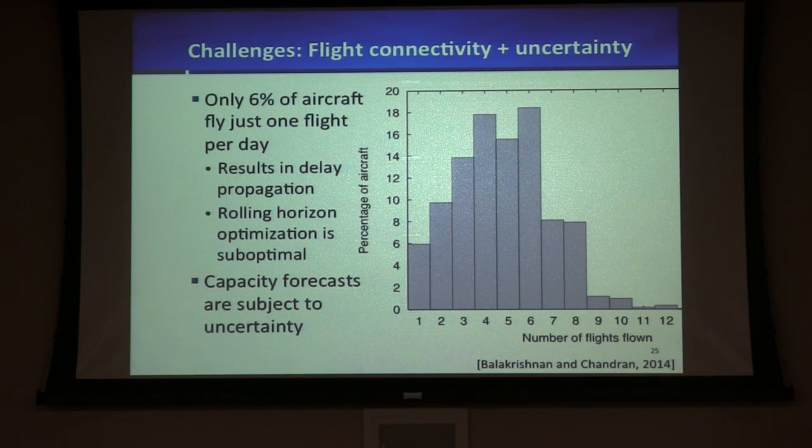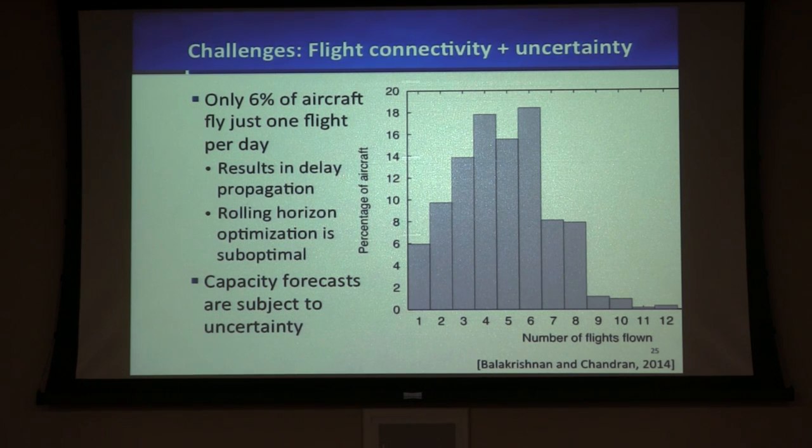So what this means is, if I say the optimization problem is extremely hard and intractable, so I'm going to break it down into smaller chunks and optimize 1 hour at a time, I have to be very careful doing that. Because if I decide that it's optimal for me to cancel or to delay a flight by 3 hours, this hour, at 6 a.m. in the morning, if that flight is doing another 10 trips, I've implicitly delayed all 10 without realizing I'm doing it. So we have to be careful about it.